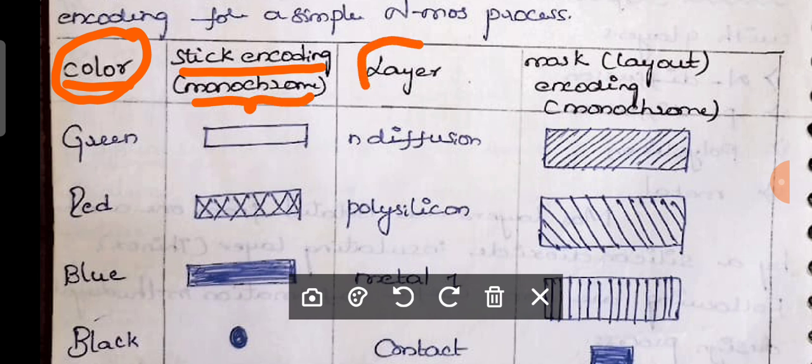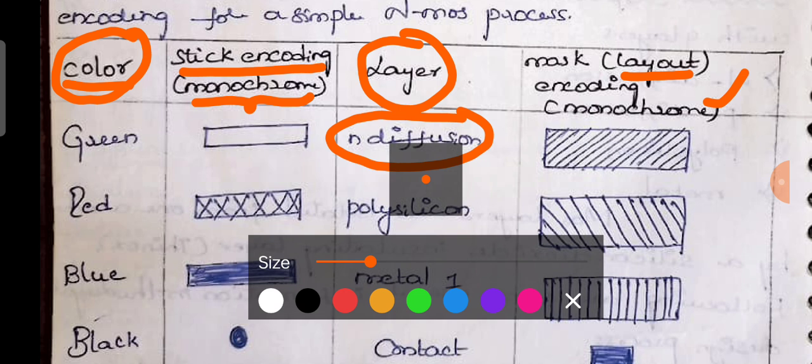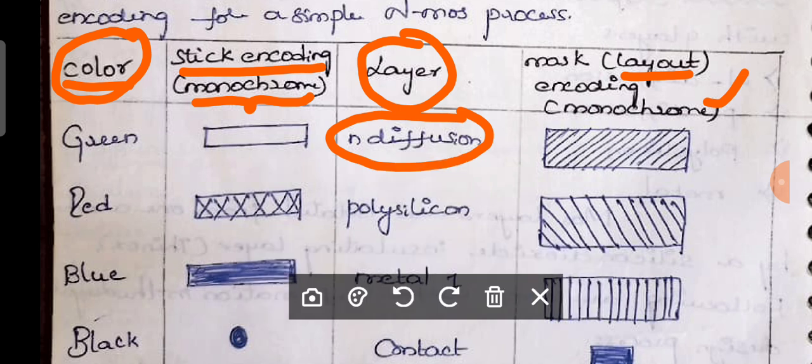And in the third column there is the name of the layer, and in the fourth column the layout in terms of monochrome. Now we know that the first layer we have considered is N diffusion. In the stick diagram, I represented the N diffusion with an empty box.